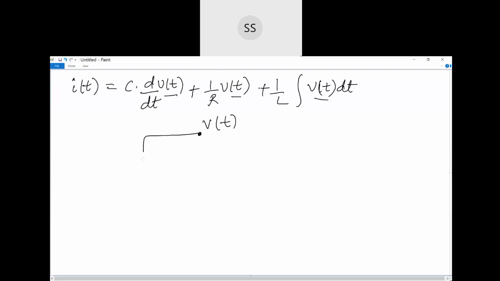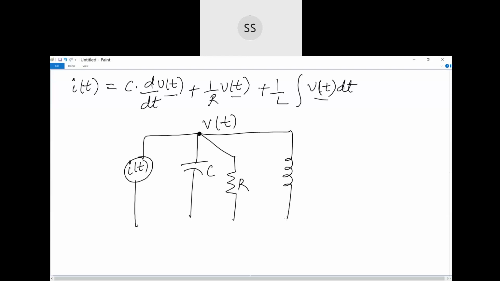To this node we have to connect the source I of t, as well as to the same node, you can see d by dt of v of t, so the capacitor C. This is also 1 by r into v of t, so the resistor is also connected to the same node. And the last one, this inductor, is also connected to the same node, v of t into dt. Okay, so this is called the Fi analogous circuit.